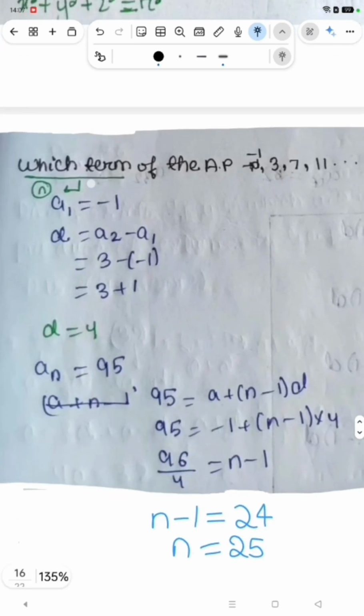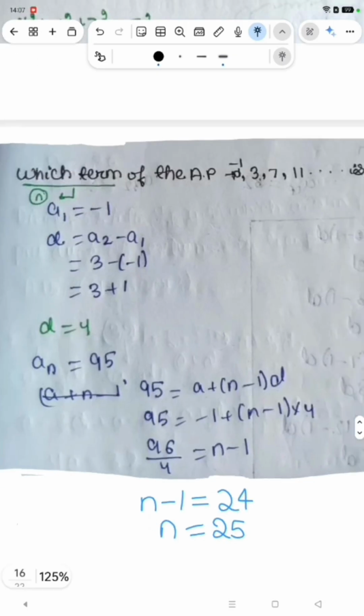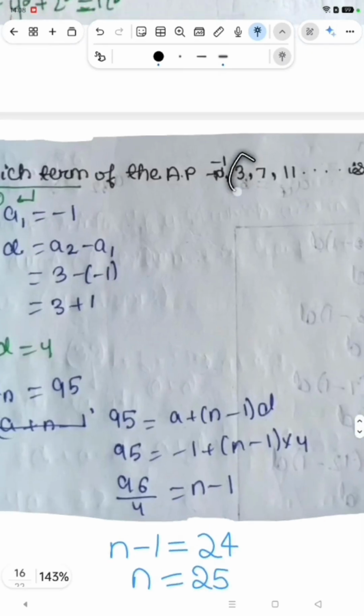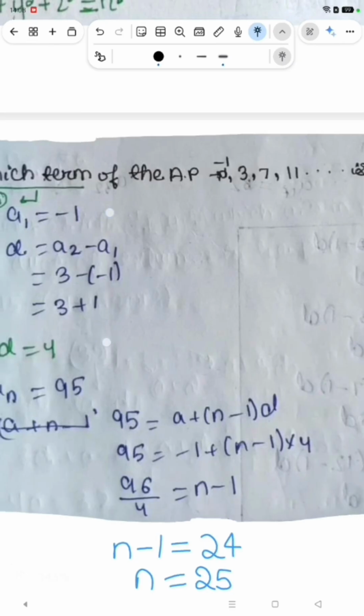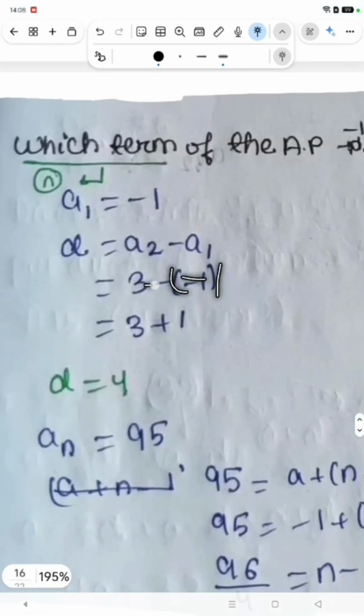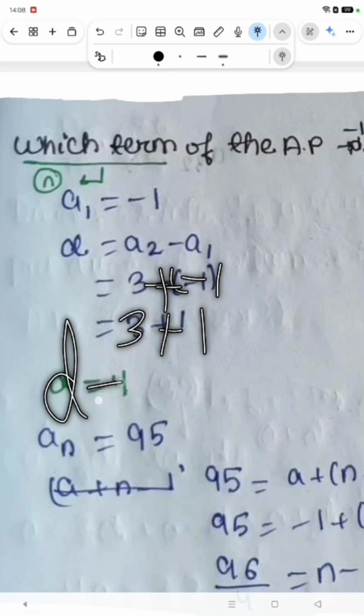So term refers to n. In this AP series, a1 is equal to minus 1. Then we have to find the common difference, which is a2 minus a1. So a2 is 3 and a1 is minus 1. So 3 minus bracket minus 1, minus minus becomes plus 1. So common difference is 4.